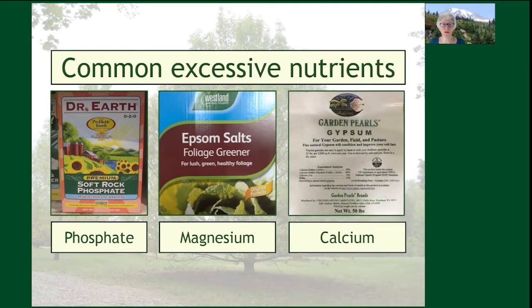So these are criteria that you'll see in the tests I show you that are often high, and the reason is because especially our clients who are private homeowners tend to overuse fertilizers because they're told they should. And a lot of that telling is because of what we've done historically with growing intensive crops. But when you're growing crops intensively, it's not the same thing, again, as maintaining a landscape.